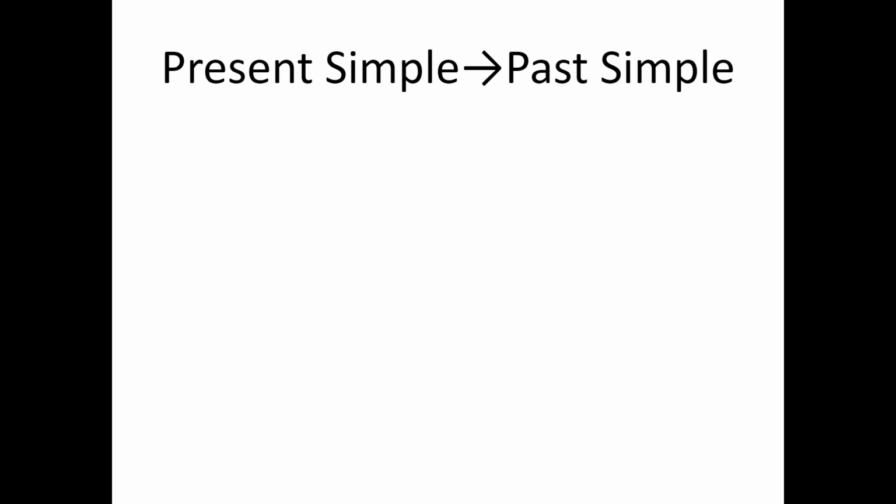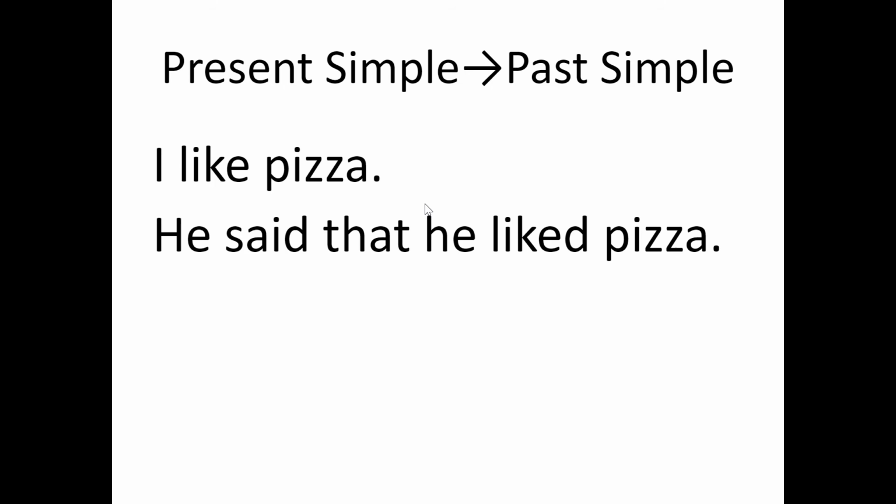However, we will often back shift even when the statement is still true. So for example, I like pizza becomes he said that he liked pizza. He still likes pizza now, but we will often back shift the present simple to the past simple because English has a preference for changing all the verbs to reflect the situation.